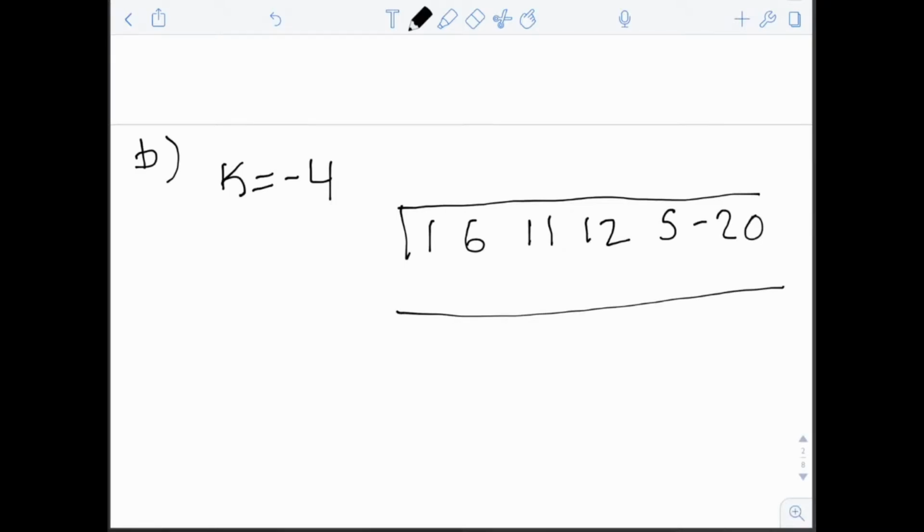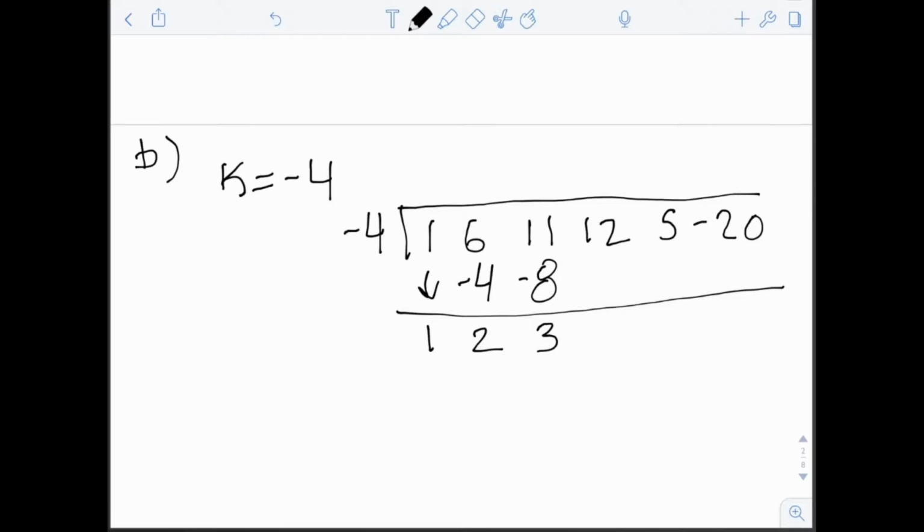So the outside number, again, is going to be that k, which is a negative 4. First term, we bring it down, and then we continue that process of multiplying and adding. So 1 times negative 4 gets me a negative 4. When we add these together, we get a 2. 2 times negative 4 is a negative 8. And then a negative 8 plus 11 gets me a 3.